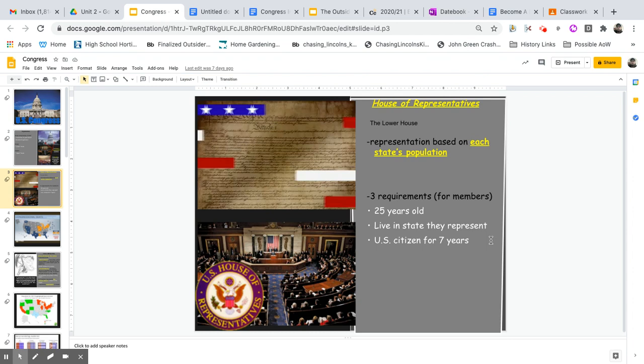You could move here at the age of 50, be a citizen for 7 years, and then still be in the House of Representatives. You can also actually be 25. There's a 25-year-old member of Congress that just got elected right now. So that part definitely is accurate. And like I said, it's based on the population of your state. So each state is going to have a different amount of members depending on how big the state is from a population perspective.